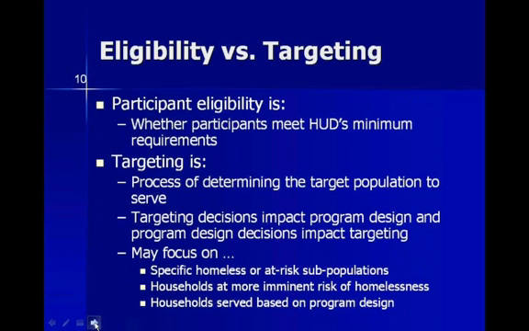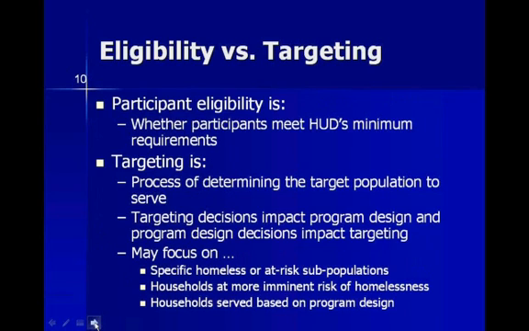Targeting is slightly different, and this is an area that we've received a lot of questions from communities around implementing HPRP. And it is a bit trickier. It's typically based on factors beyond basic eligibility that allow grantees and subgrantees to identify and serve clients with specific characteristics or risk factors.